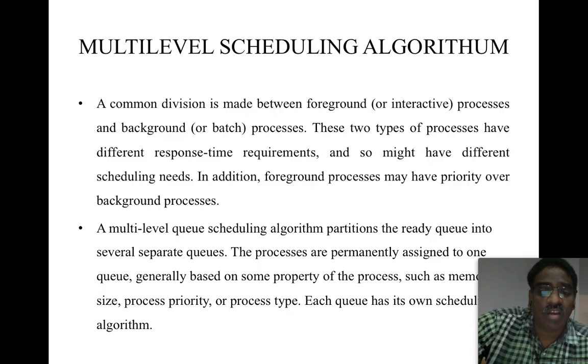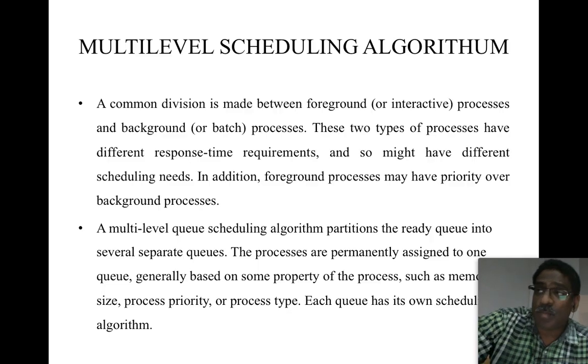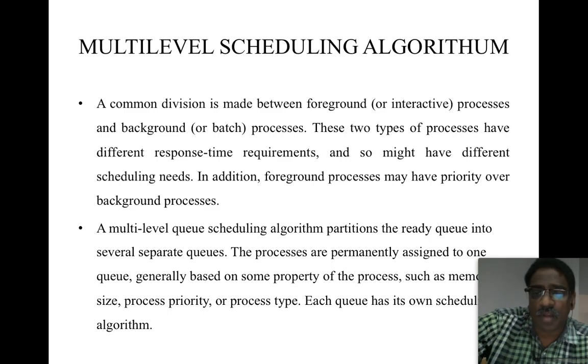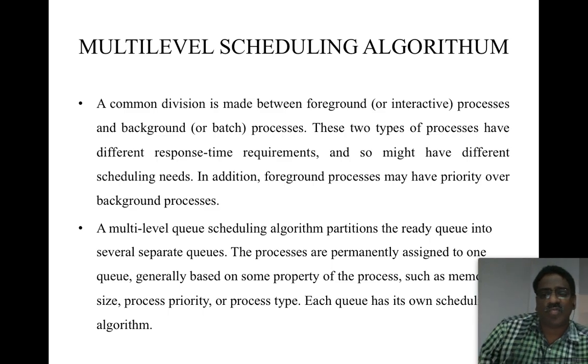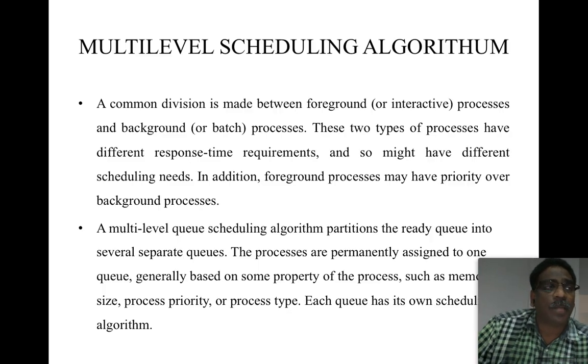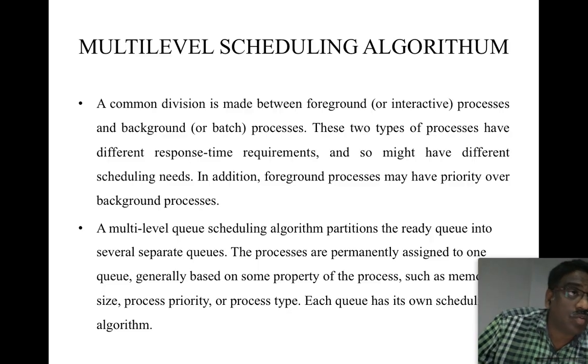Because you did not maintain the foreground and background processes in the proper way, the process fails in the multi-level scheduling algorithm. If you maintain it properly, you follow things properly. Most of the priority is given to the foreground process, not the background. That is a major task.